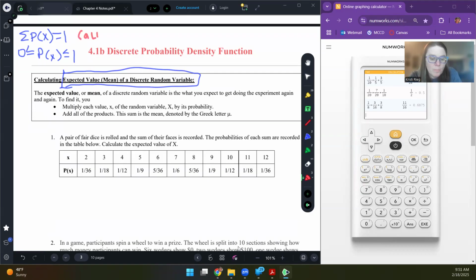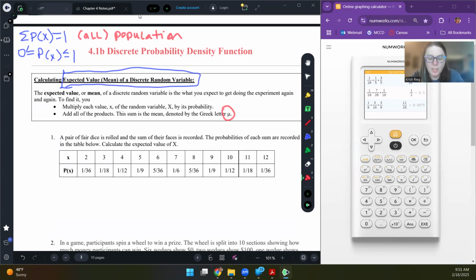This is all, everything, which means population. Population mean is mu, so that's what we're looking for. We are going to calculate this, and we want to make sure we're using mu for mean.